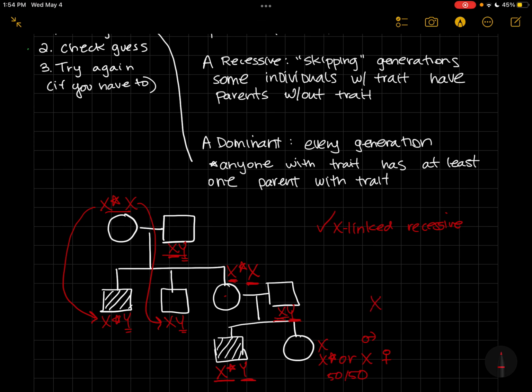So that means that she has a 50% chance of being X* X, where this is from her dad, this is from her mom, and a 50% chance of being XX, where this is from her dad and this is from her mom. So she has a 50% chance of being a carrier and passing this down potentially to half of her sons.